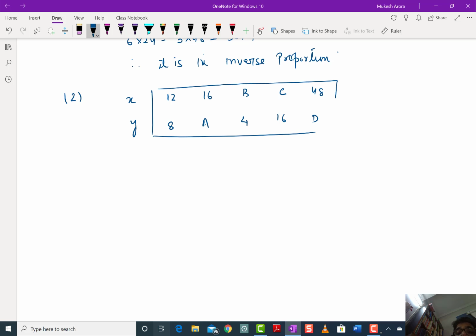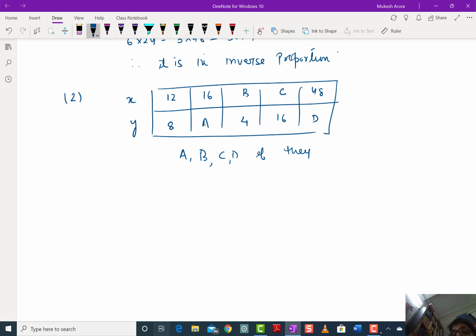Find the value of a, b, c and d if they are in inverse proportion.